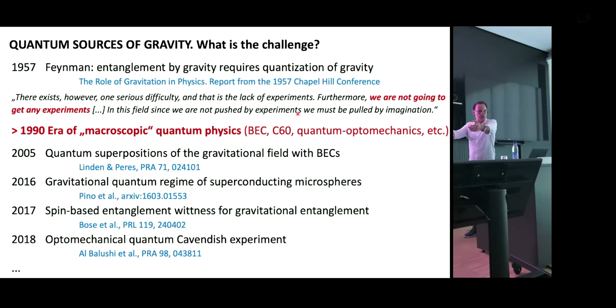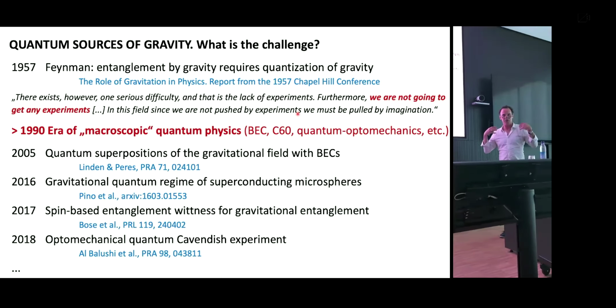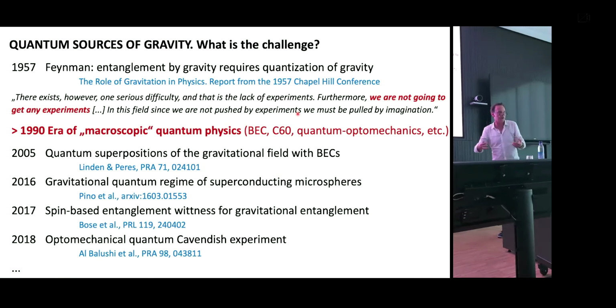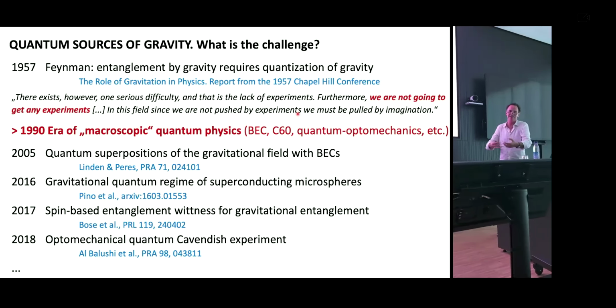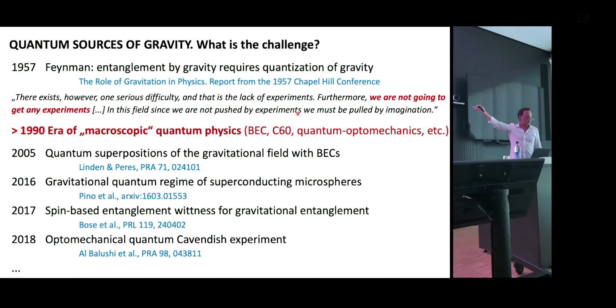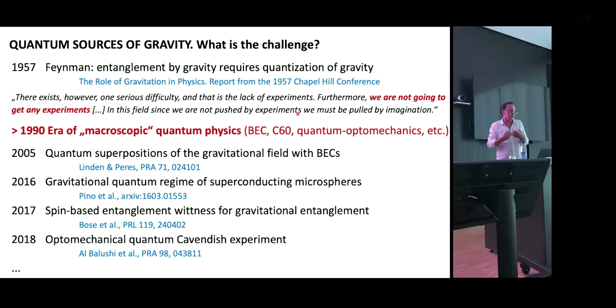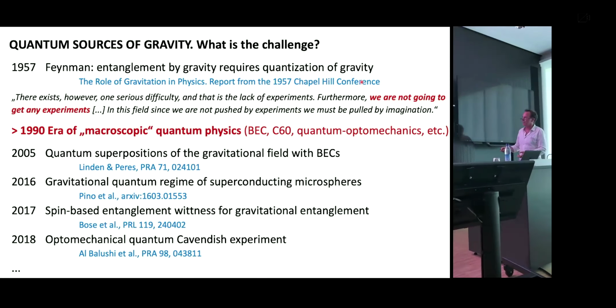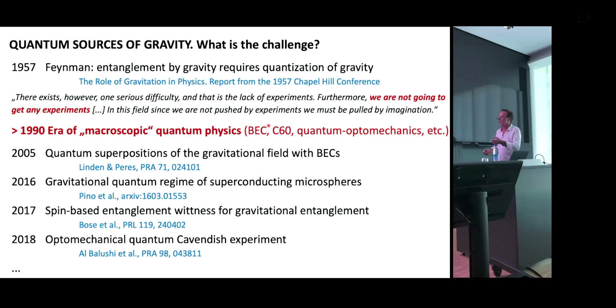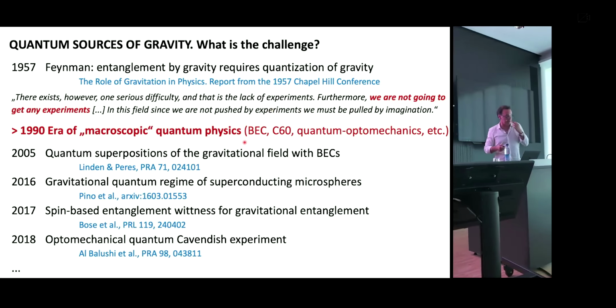So this was like the call to arms for the theorists to push the theory to the extent where you produce logical failures and theories break down, in order to make statements. But luckily, what happened over the course of the next 70 years is an incredible development, of course, also in experimental physics, and what I call the advance of the era of macroscopic quantum physics, with increasingly macroscopic, more massive systems, of course with many different fields of study, quantum many-body physics and so on.